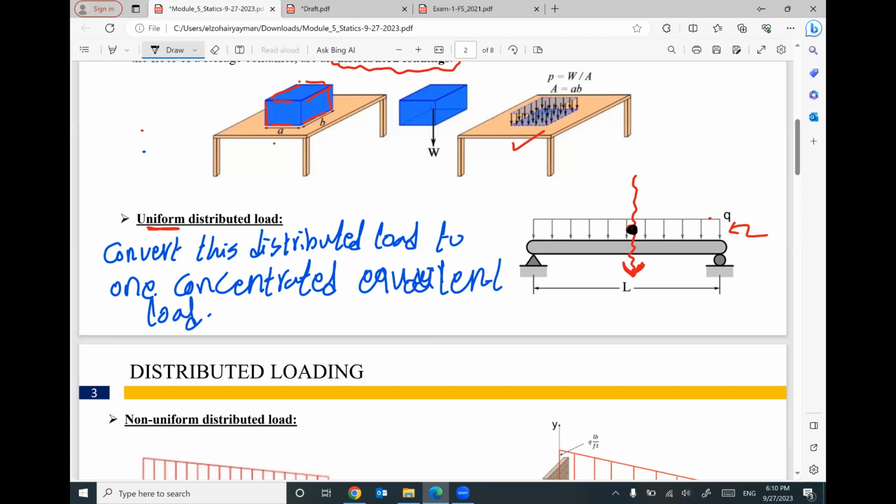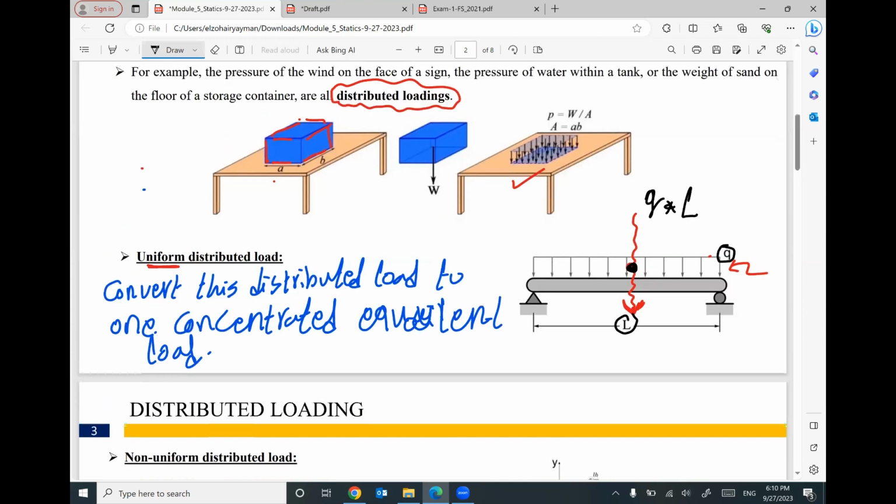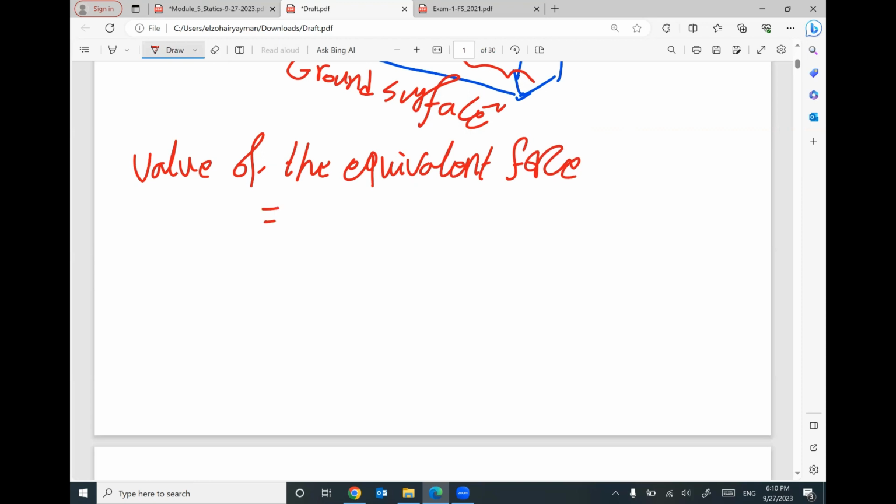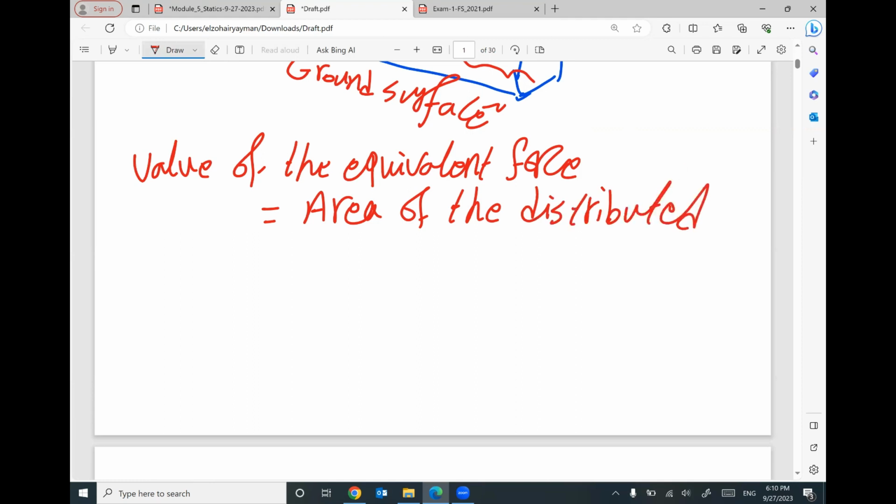This equivalent load will equal the area of this rectangle, Q times L. So I can say the value of the equivalent force equal area of the distributed load. This is a rule, rule number 1.